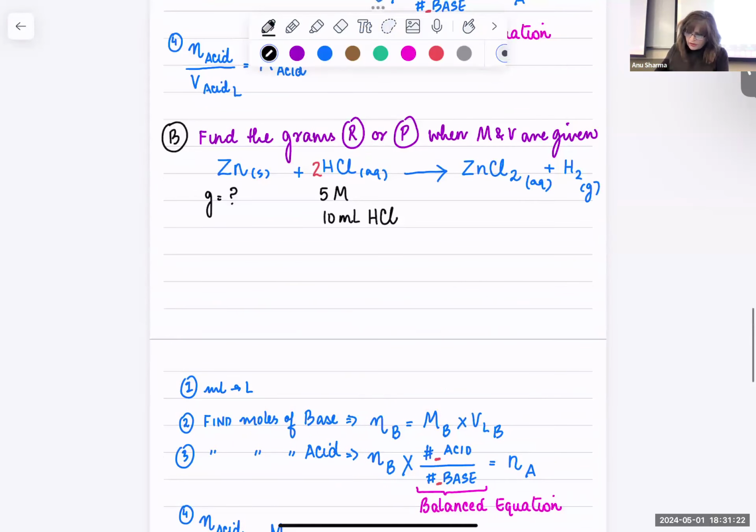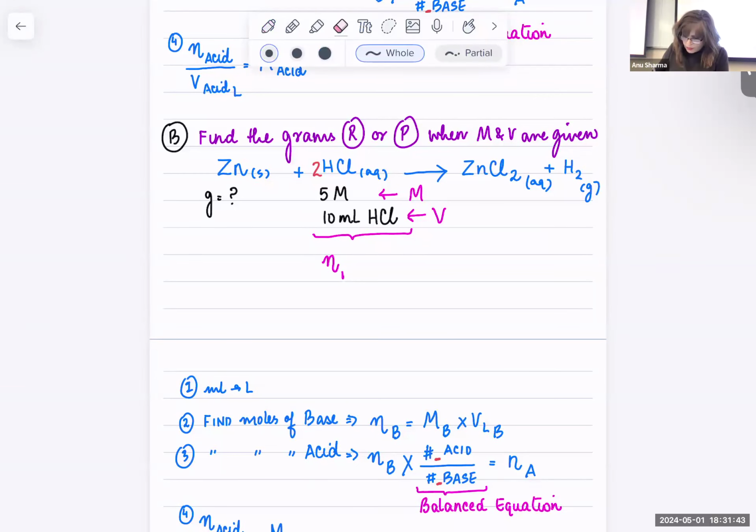Keep in mind that anytime molarity and volume are given, you need to recognize this is the molarity and this is the volume. The formula used to find the moles of any entity is moles equal to molarity times volume.